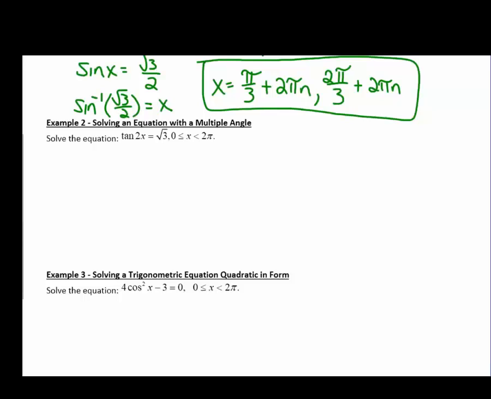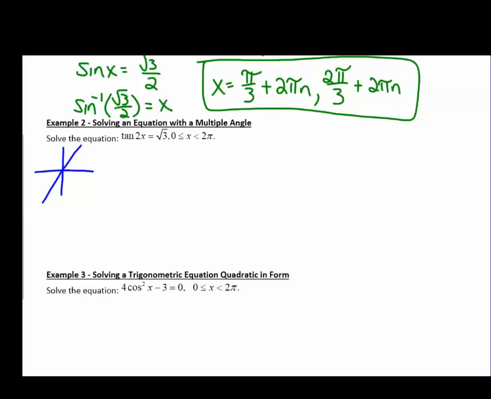But we can look at our unit circle and see where the tangent value is the square root of 3. If I have my coordinate plane here, I have positive tangent values in the first quadrant and in the third quadrant. I know that tangent is y over x, so essentially we have square root of 3 over 1, and so I need the square root of 3 over 2 to be my y value and 1/2 to be my x value.